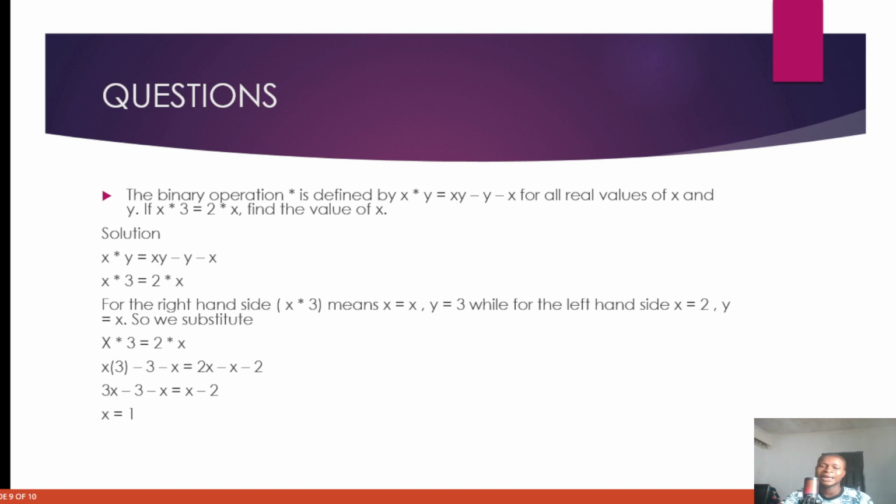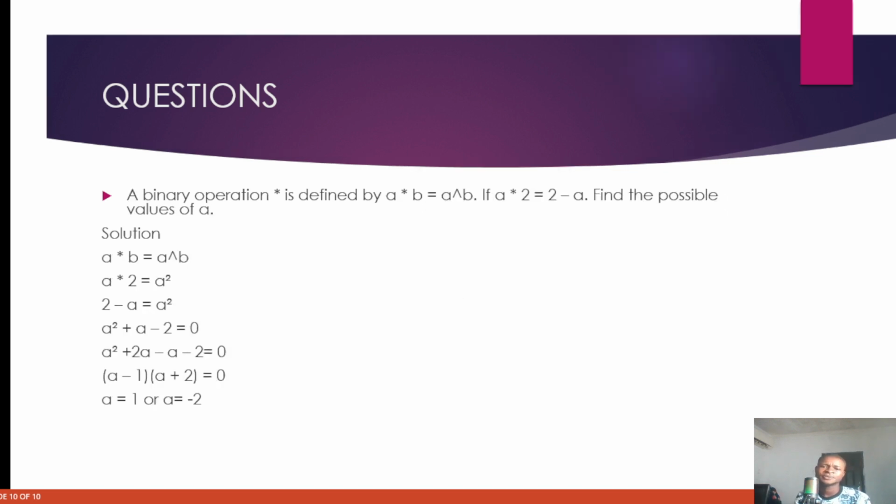So here is my last example for the day for this part. A binary operation star is defined by a star b, which is equal to a raised to power b.